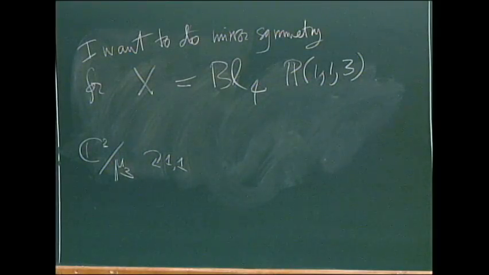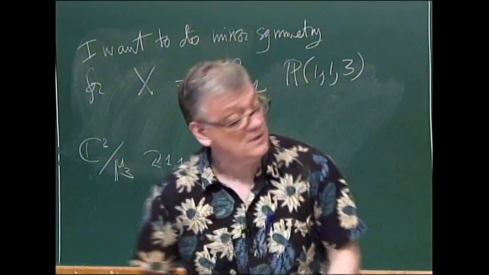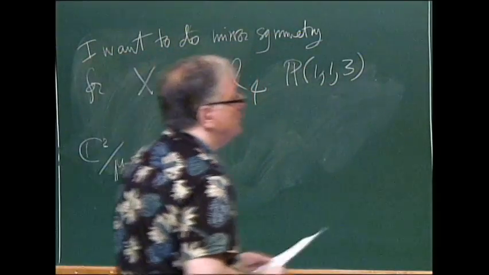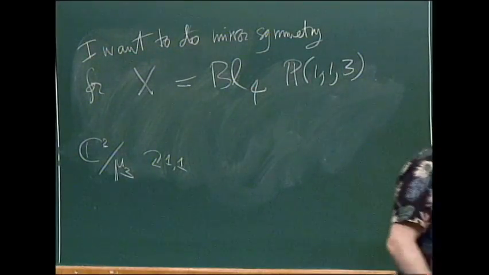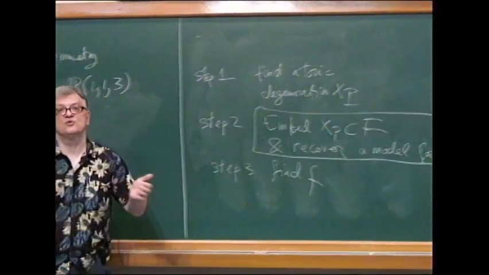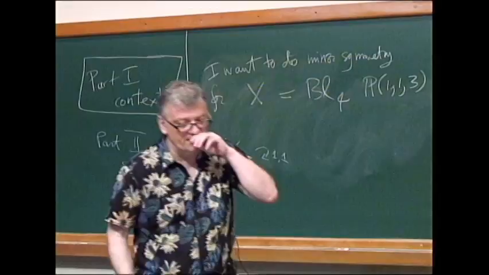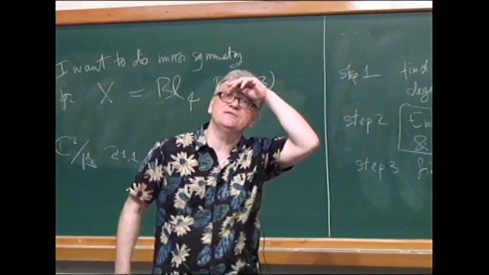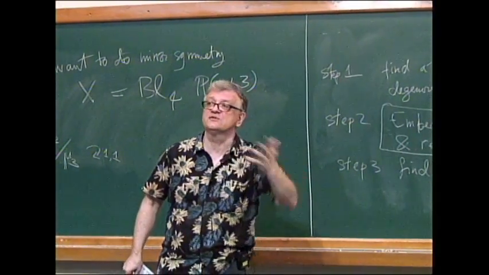Okay. So now I'm going to give you this little bit of theory of how you do step 2. And for those in the know, basically we have discovered a new little chapter of toric geometry.